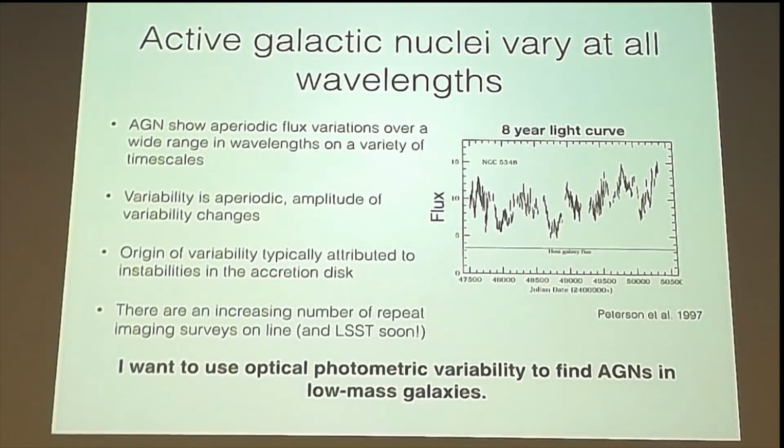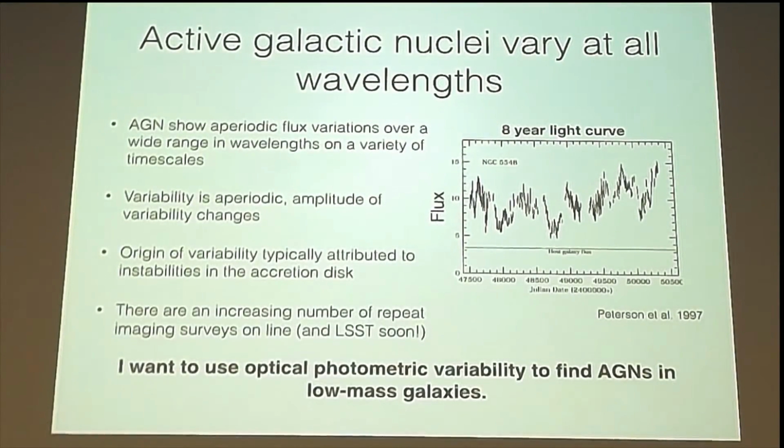Another great property of active galactic nuclei is that they vary at all wavelengths and on a variety of timescales. So they show aperiodic flux variations at every wavelength that we have observed them at. This is an example of one such variable AGN, the very well studied NGC 5548.